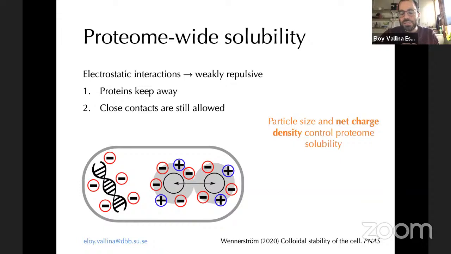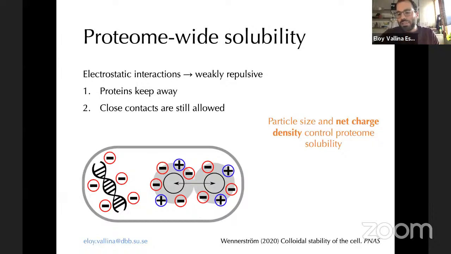And the parameters that we concluded were critical for this regime were particle size, which we are always estimating by protein molecular weight, and net charge density, which is a measurement of the amount of electrostatic charge distributed over the surface of the protein as if it were a smooth sphere, so to speak, right?